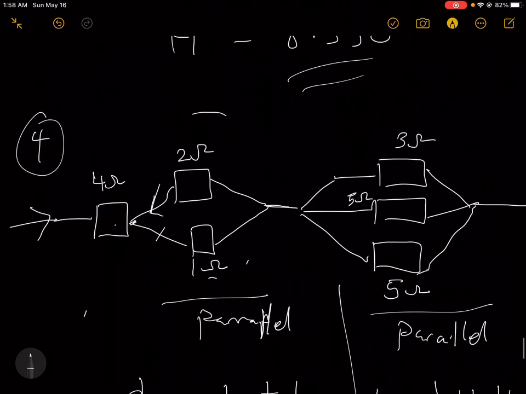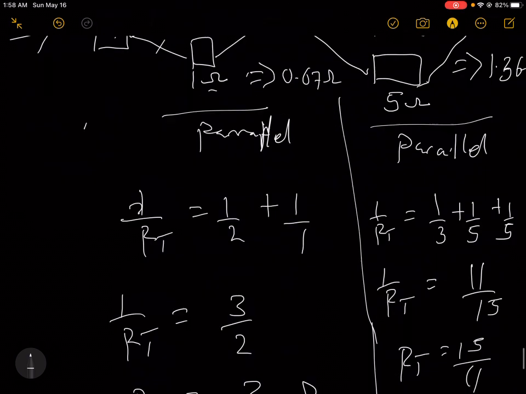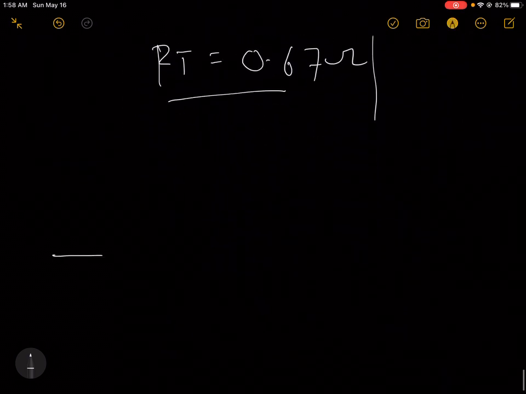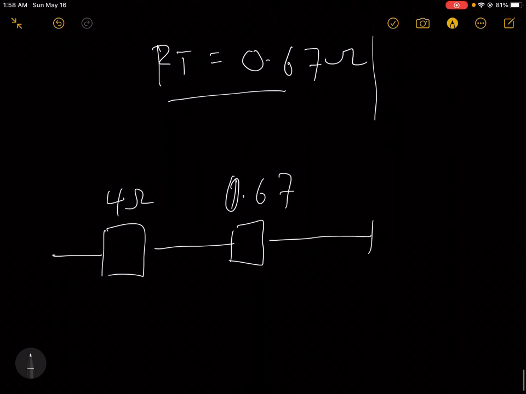So we've resolved these two to be 0.67. This 3 has been resolved to be 1.36. Now this is what our circuit looks like. We have 4, we have 0.67, and we have 1.36.